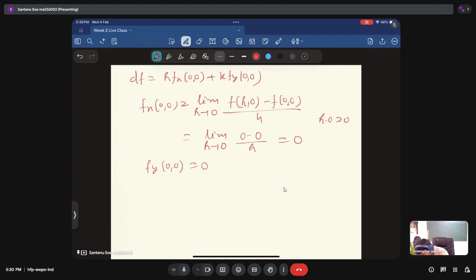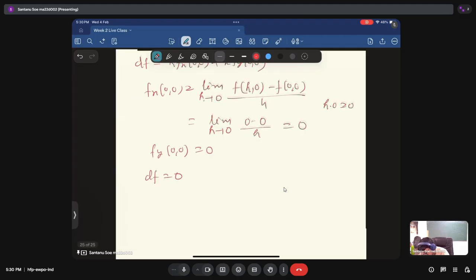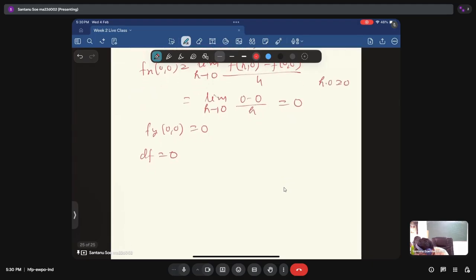Hence, df is 0. Okay, so delta f is nothing but h epsilon 1 plus k epsilon 2. So that means h sin(1/k) + k sin(1/h) equals h epsilon 1 + k epsilon 2. Okay.